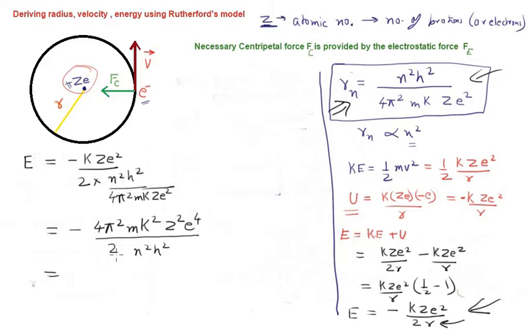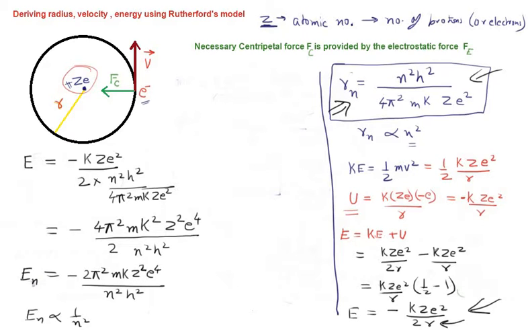Now 2 will get cancelled, so minus 2π²mk²Z²e⁴ divided by n²h². So this is dependent on n, so we put a subscript here, and we see that the energy of the nth orbit is inversely proportional to n².